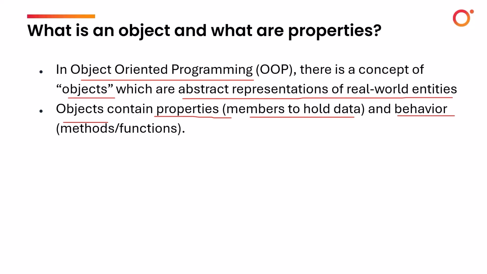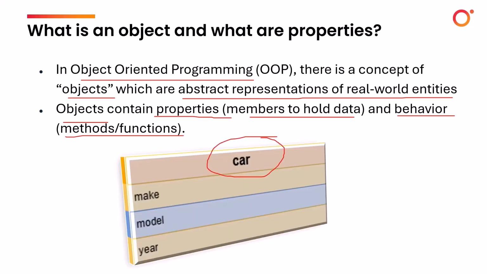You can also represent the behavior inside of the object, and this is done through methods and functions. So for example, if I wanted to represent a car as an object, I would name it car, and I would have properties in it like make, model, and year. I might even have behavior-oriented things like honk horn or press brakes.